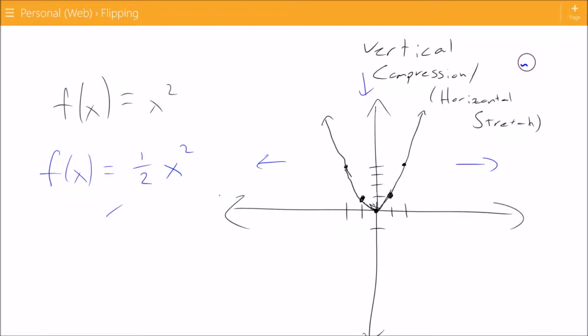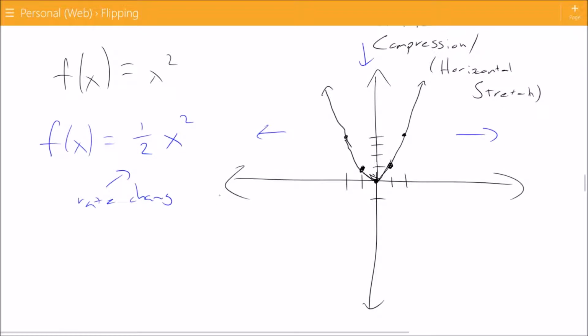Again, this is your rate change. So if I plug in f of 0, that would still give me 0. So I'm going to get the coordinate 0, 0. That doesn't change. I'm not shifting this at all. This is not a translation.